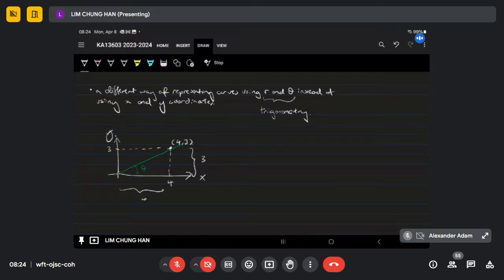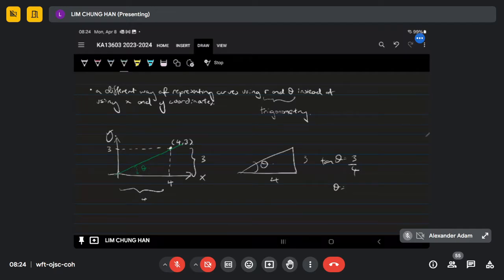Tangent theta equals what? 3/4, right? Then you can get theta. But that one piece of information is not enough.